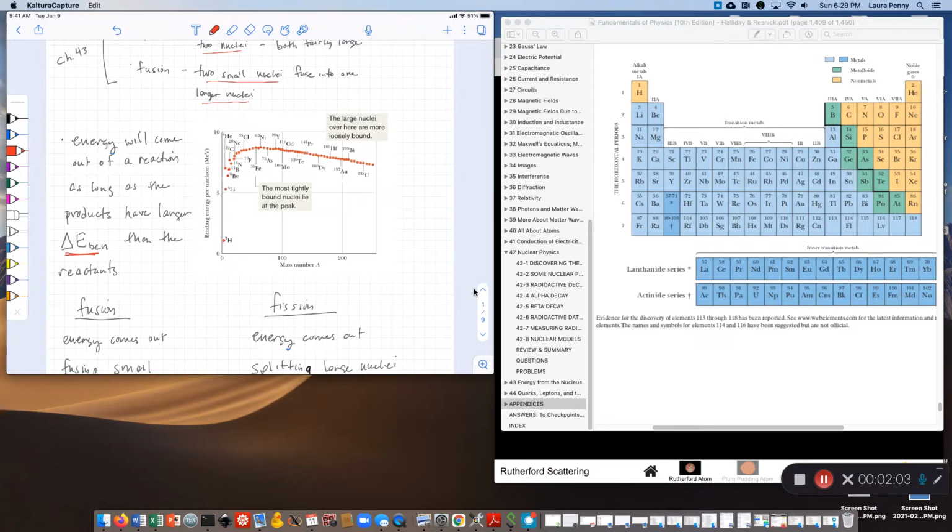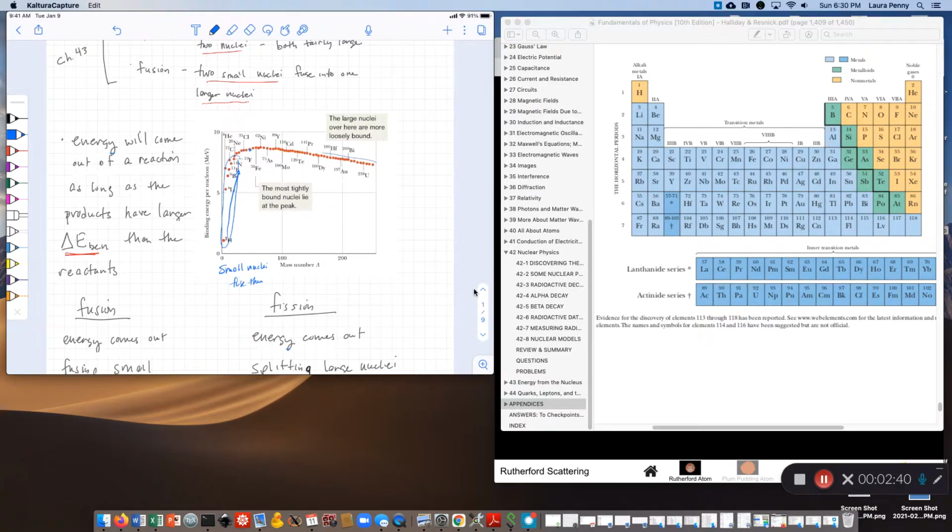In other words, if you take small nuclei and you bind them together into larger nuclei, you fuse them, then you're moving up the binding energy curve, and your products have larger binding energy per nucleon than your reactants.